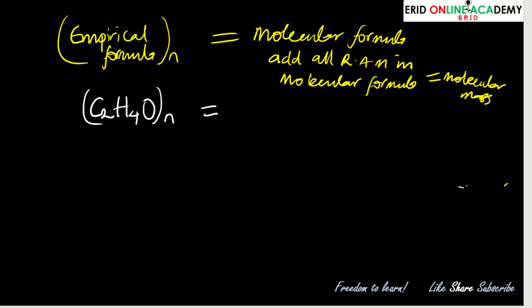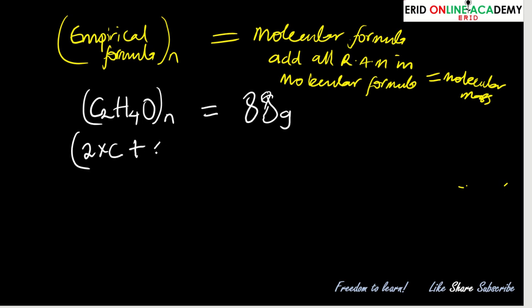Now if the molecular mass is 88 grams for this particular compound, how do we go about finding n? The relative atomic mass of carbon is 12, check it from your periodic table, and we have 2 carbon atoms here. I need to take this stepwise so that you won't miss out.